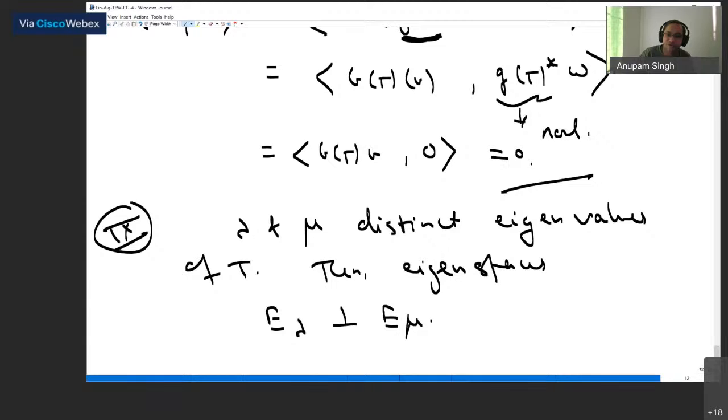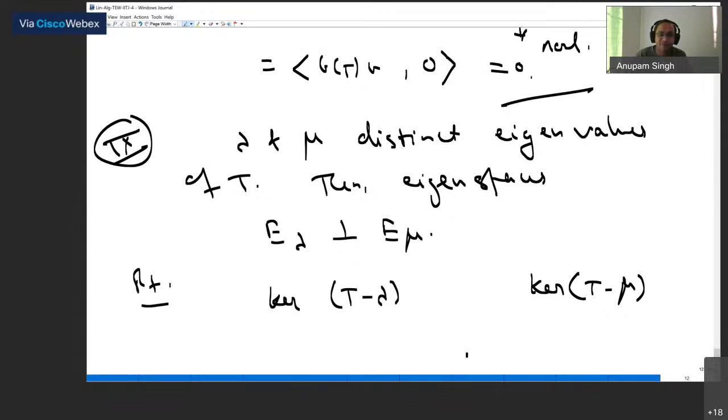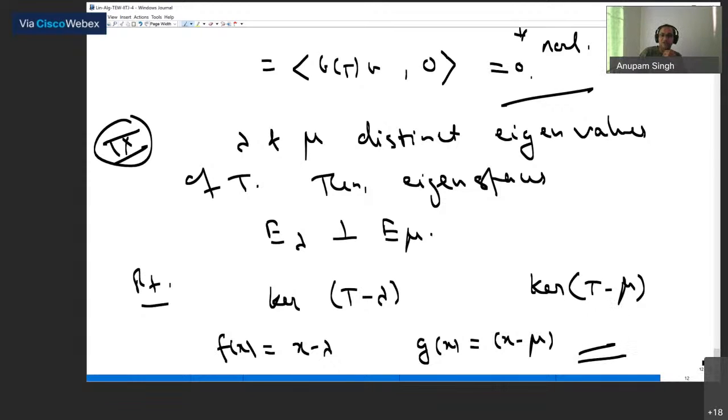This follows simply from the previous one, because to get the eigenspace E_λ we compute the kernel of T − λ, and to get E_μ we compute the kernel of T − μ. But we can apply the previous step for the polynomial f(x) to be just x − λ, and the polynomial g(x) to be x − μ. Since λ is not equal to μ, these two polynomials are coprime, and hence a vector killed by T − λ and a vector killed by T − μ are going to be perpendicular. So this proves it.